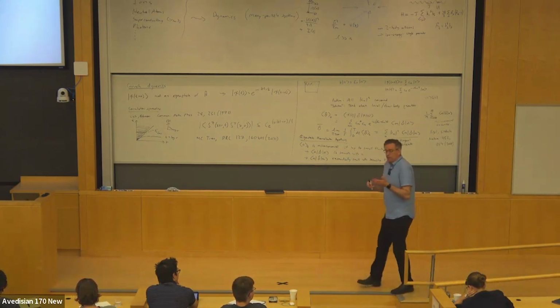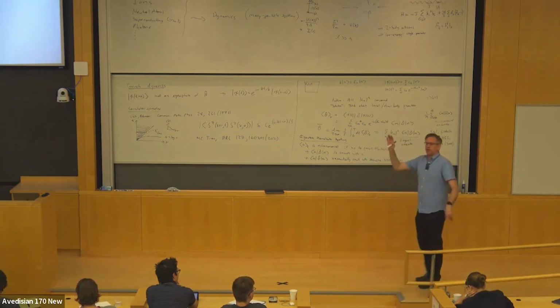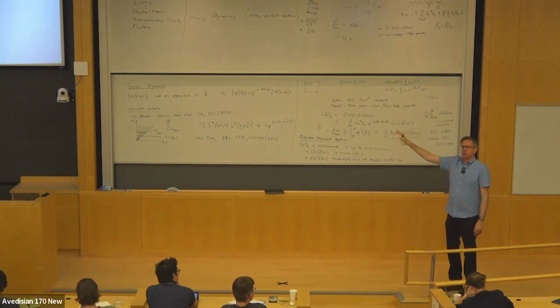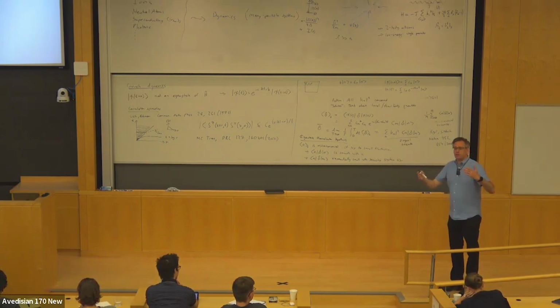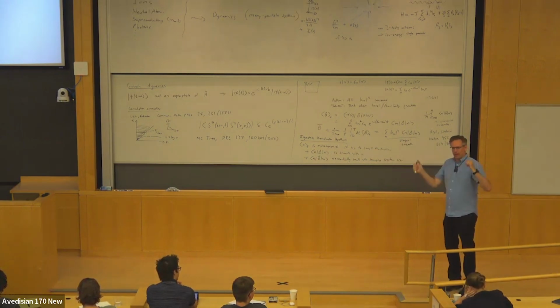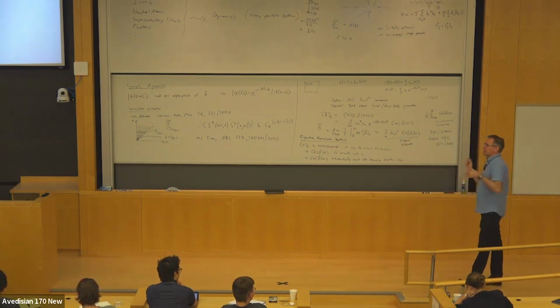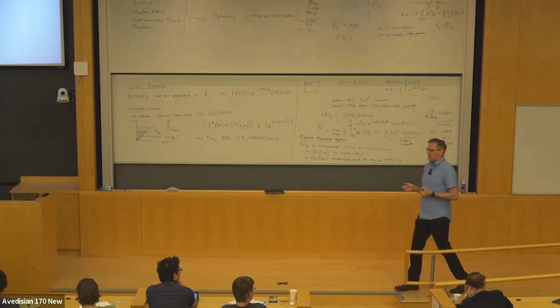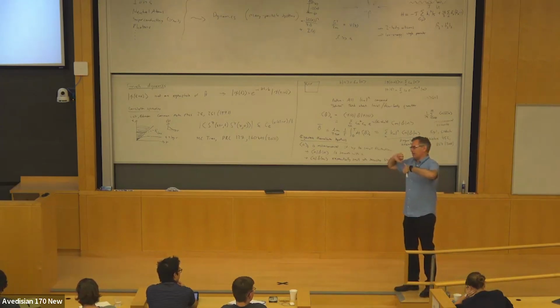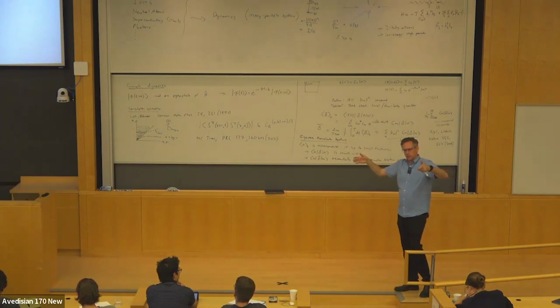To give you a concrete example, people are interested in experiments with cold atoms in optical lattices, looking, for example, at spin models, maybe with multi-component gases. There you might be interested in effective momentum distributions of the particles when you release them from the system.